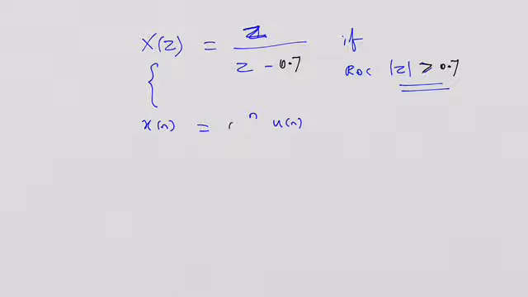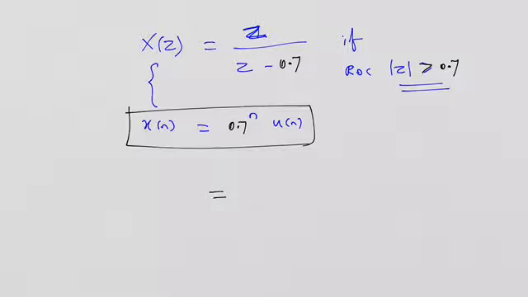In such case, you can immediately write 0.7 power n u of n as its original time domain sequence. So because of applying z transformation on the given x of n sequence, it was possible to obtain x of z.